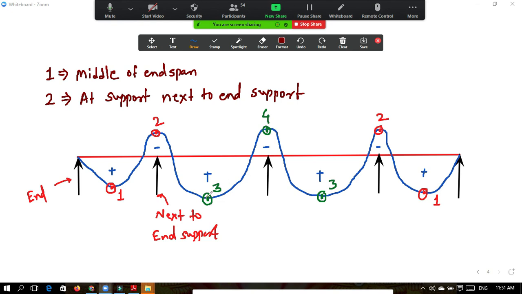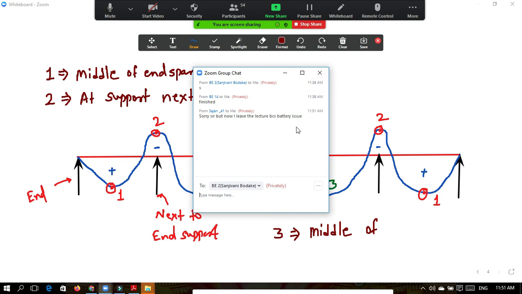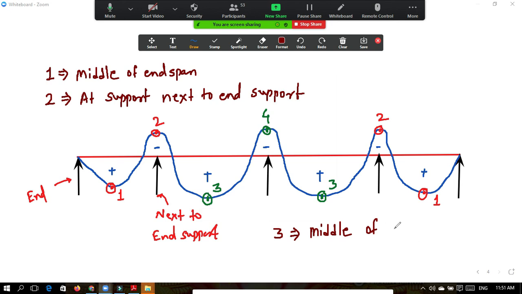Then this is your point number 3, and this is at the interior span, so the middle of the interior span. So drop your roll number into the chat box and draw this diagram, middle of interior span, and also draw this diagram, this is also most important.